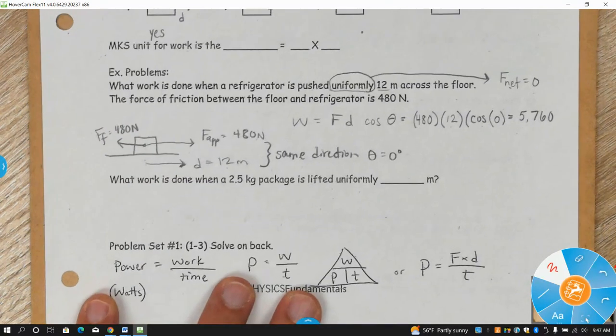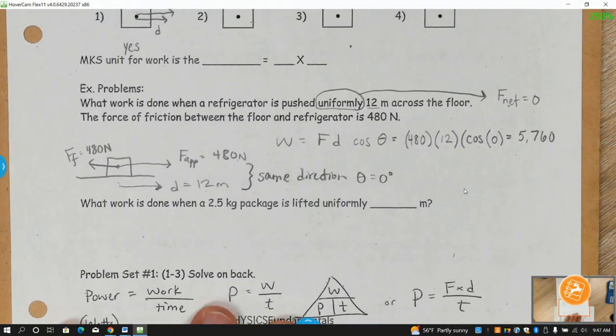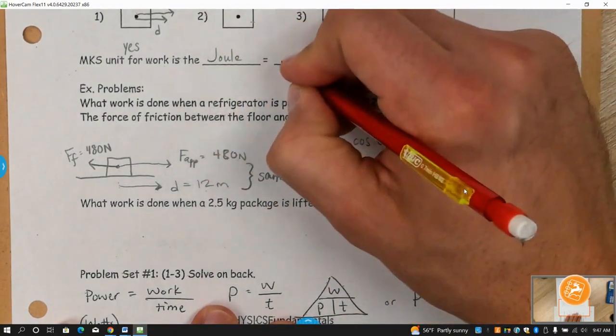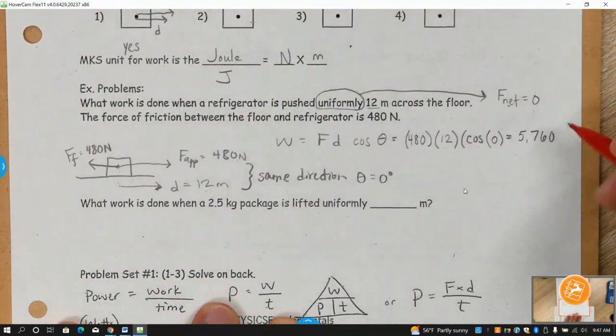And what is my unit for work? It begins with a J. It is the joule, which is equivalent to a newton times a meter. So capital J.